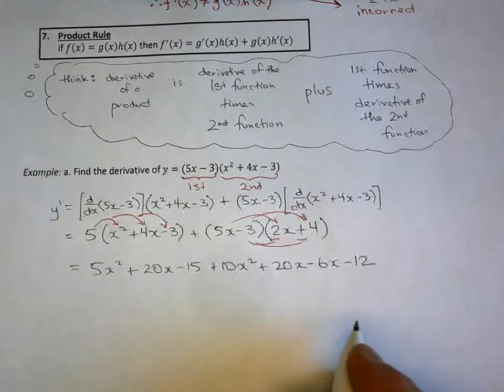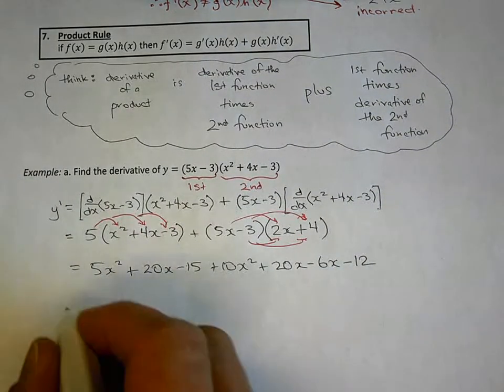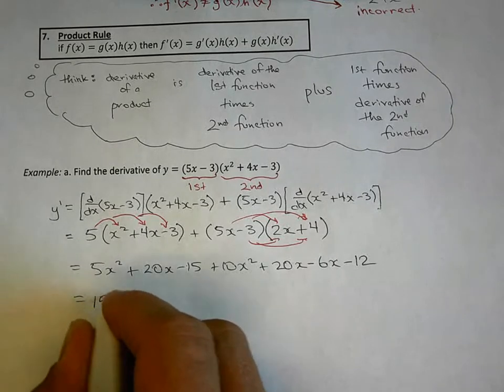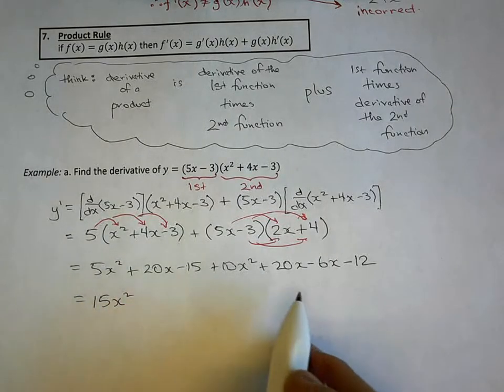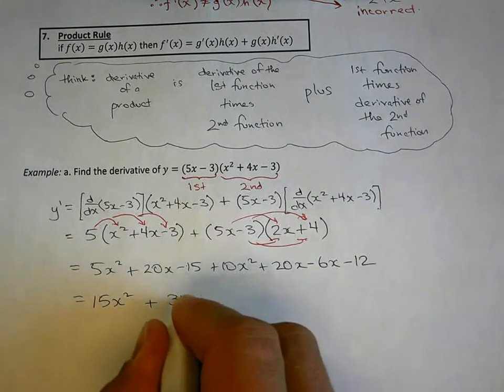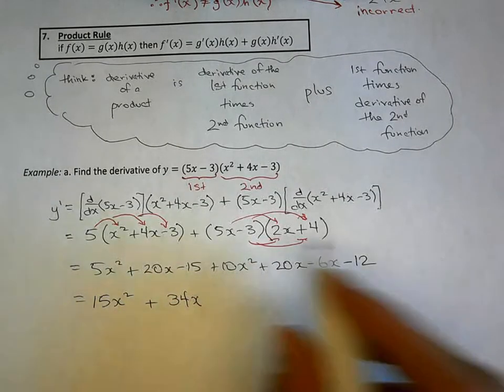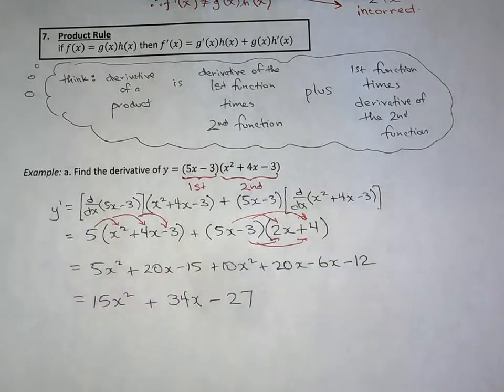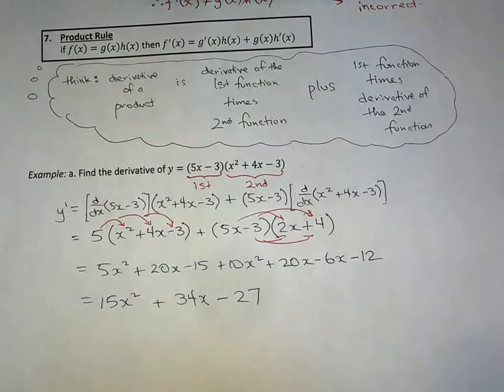Okay, and now I can collect my like terms. So I get 15x squared, 20 is 40, so I get 34x, and minus 27. So there you have it. It's not so difficult, it's just a process we have to get used to.